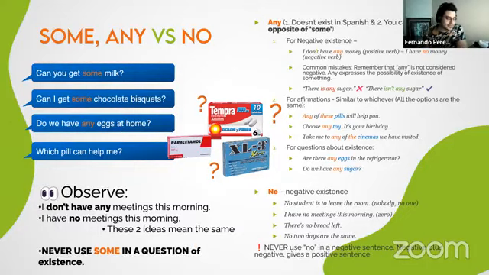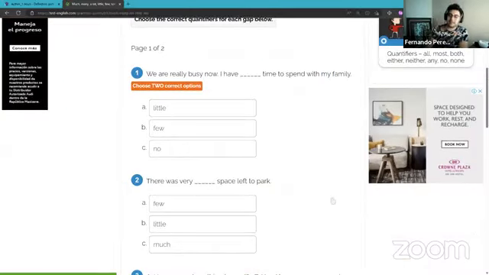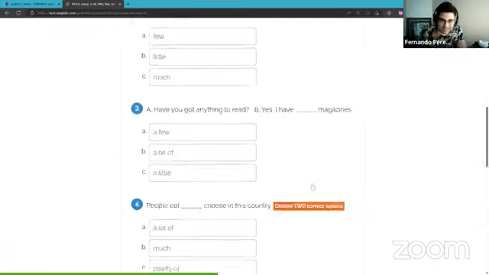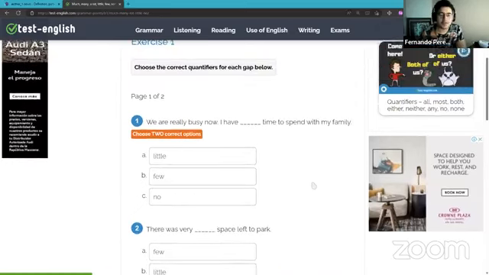Then, with this information, we are going to choose the correct expression. We have this exercise with 5 different questions. You need to tell me the correct quantifier according to the context. Okay? Let's start with number 1.